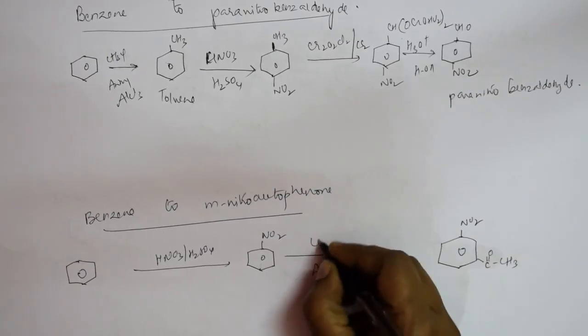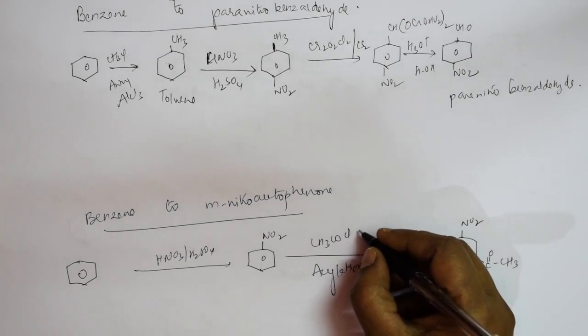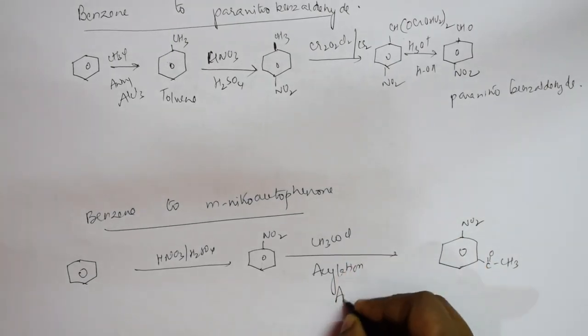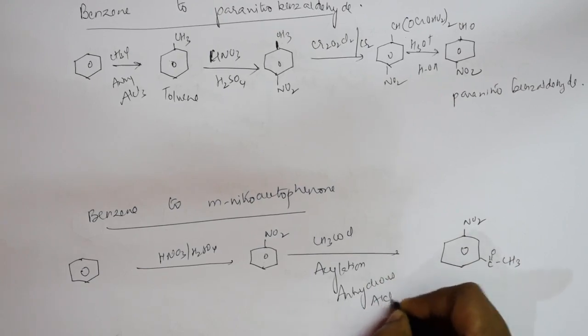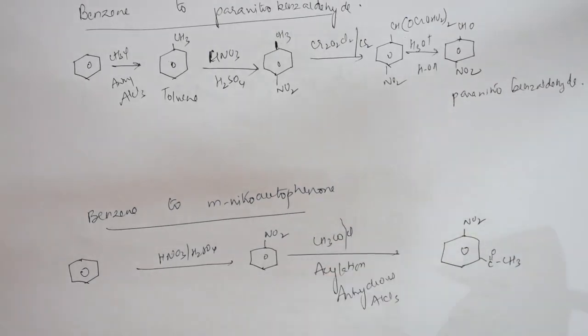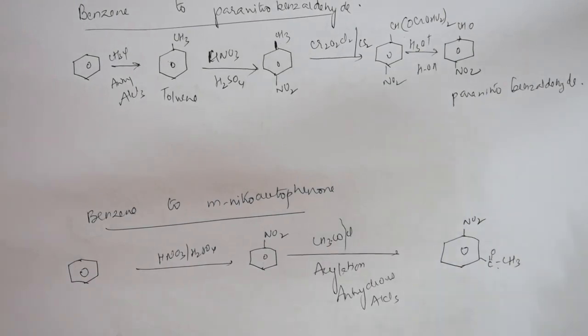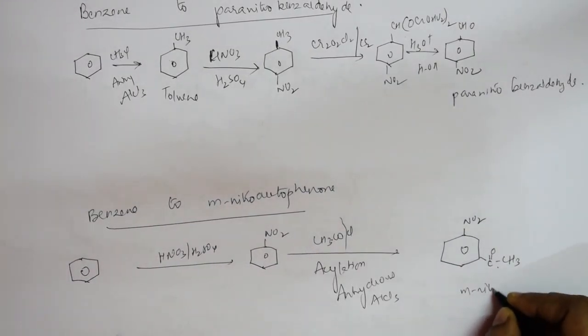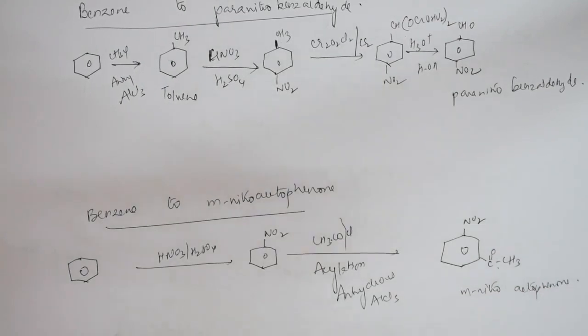How can I acylate? CH3COCl, acyl chloride, which we have studied. I can take this in the presence of anhydrous AlCl3. Then immediately this H goes, and COCH3 goes and acts. So I am going to get meta-nitroacetophenone. That's it.